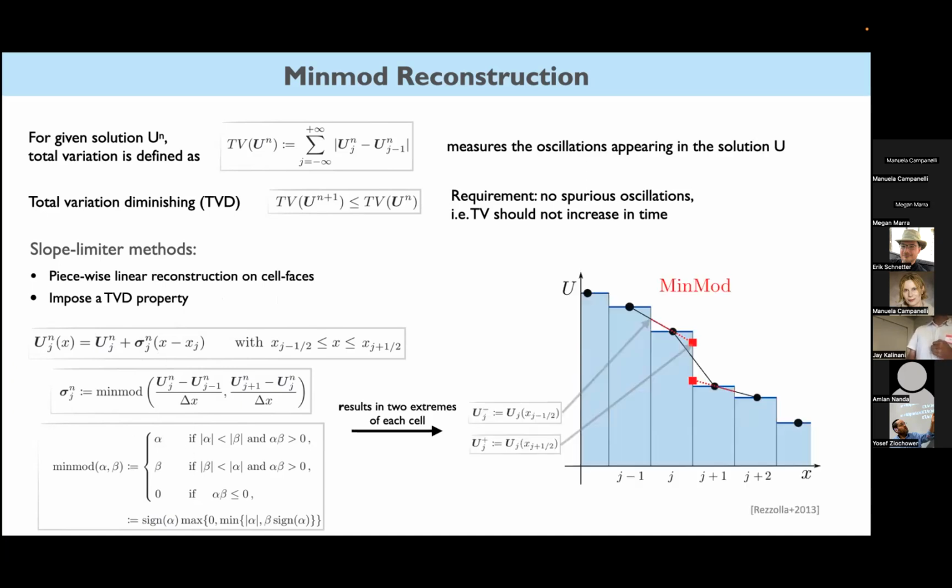Using that, you can get the two extremes of each cell. So you have your cell at j, and you have the two extremes on the left and right faces. You do the same for j+1, and at the common interface of these, you have created a Riemann problem. And now you want to solve this Riemann problem, right?